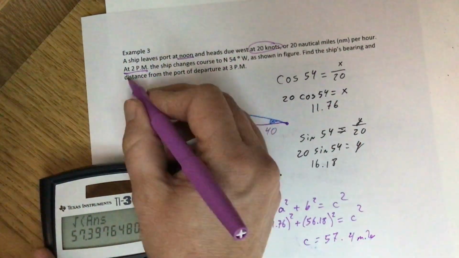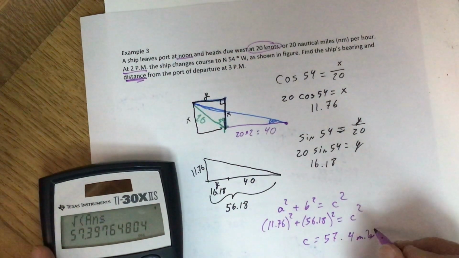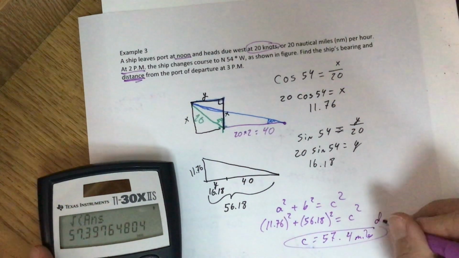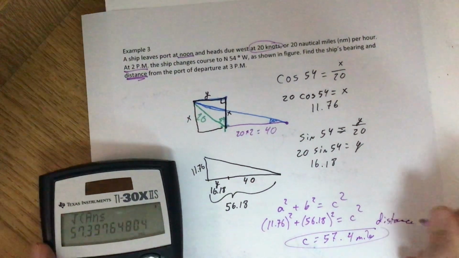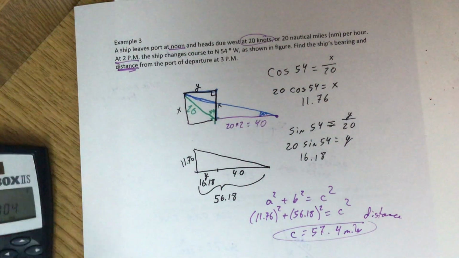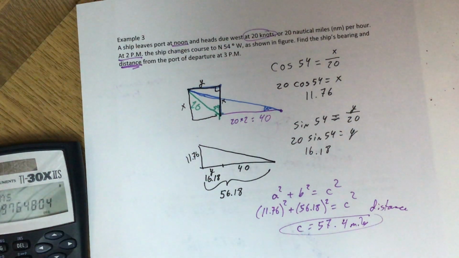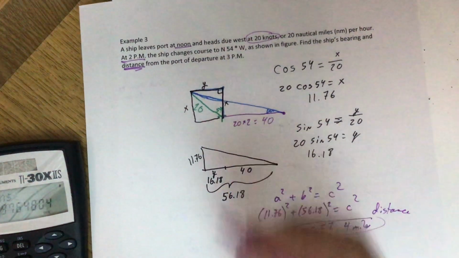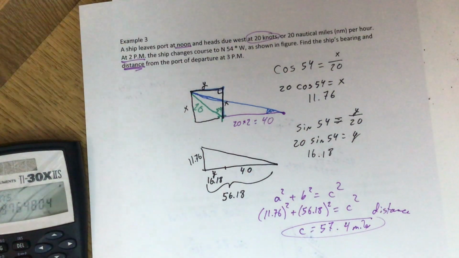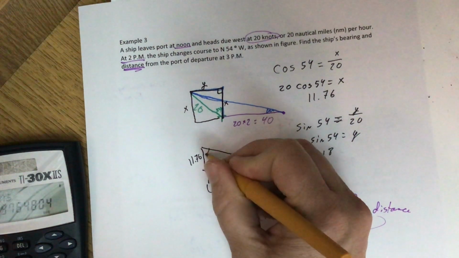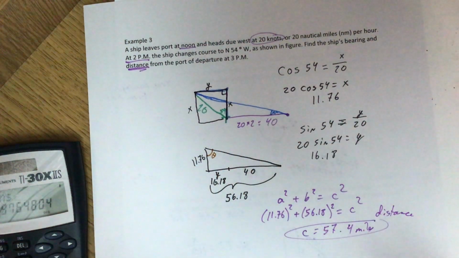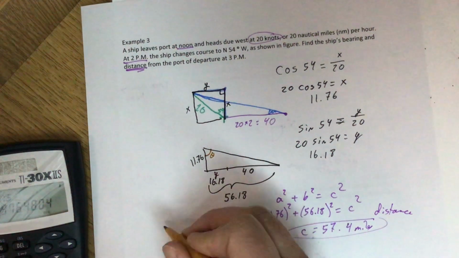And that was the first question: find the ship's bearing and the distance. So this finds the distance from port. To get the ship's bearing, we need the angle. So we're going to want the angle in here. So let's use inverse tangent.